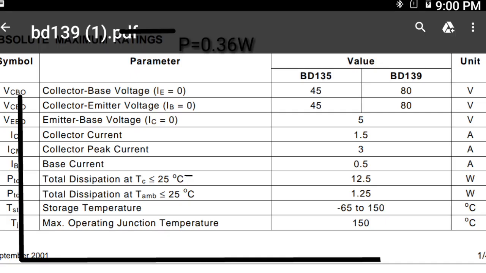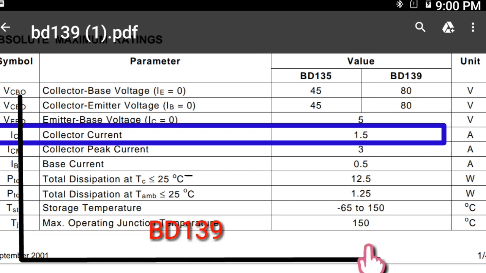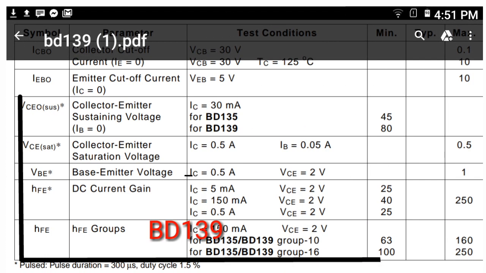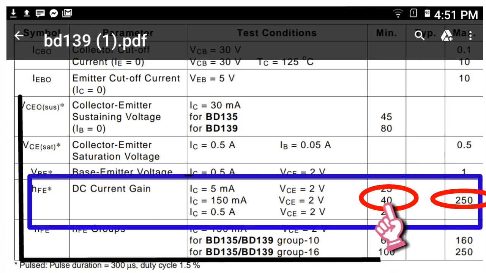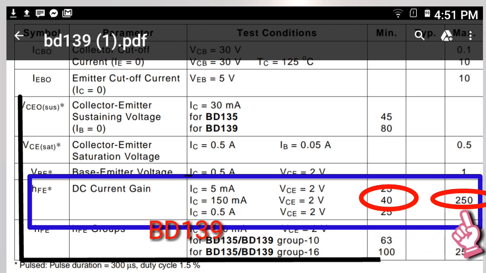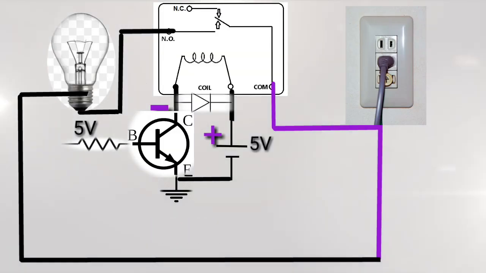According to the datasheet of BD139, the collector current is 1.5 amp, the DC current gain is 40 to 250, and the internal forward voltage is 0.7 volt.